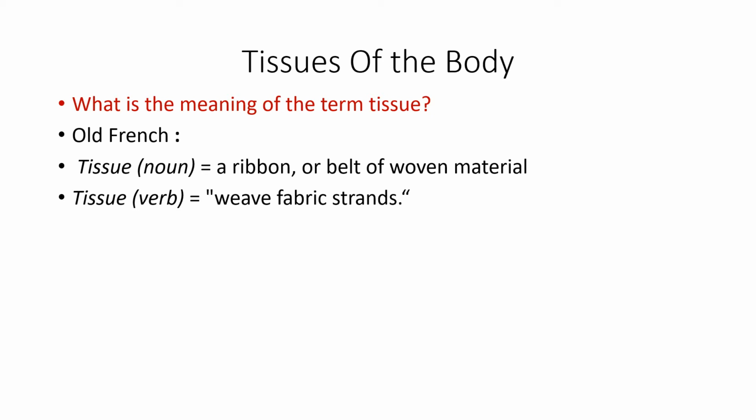And as a verb, the meaning of which is weave fabric strands. So, weaving strands of fabric. Then the Latin meaning of texo, which means to weave. So, now you know the meaning of the term tissue.